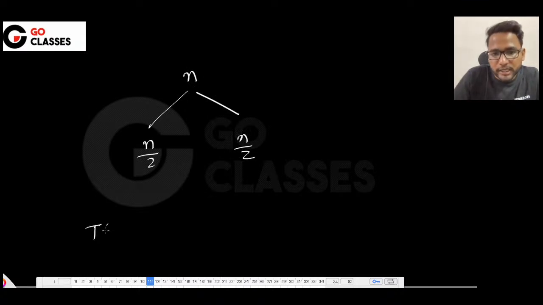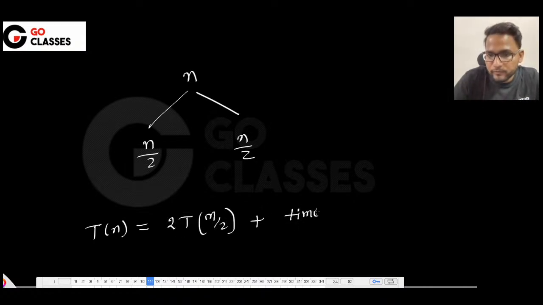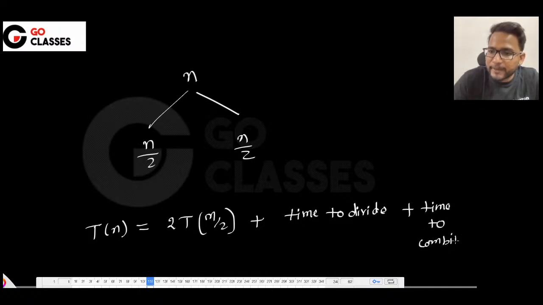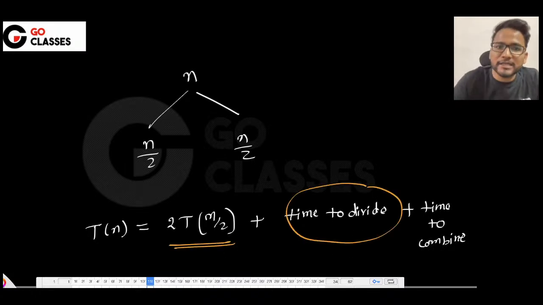Then T(n), the time complexity to solve the problem of size n, is the time to solve these two problems of size n by 2, plus the time to divide, plus the time to combine. This is the general idea in divide and conquer: you solve your subproblems, add the time to divide, and once the subproblems are solved, add the time to combine also.